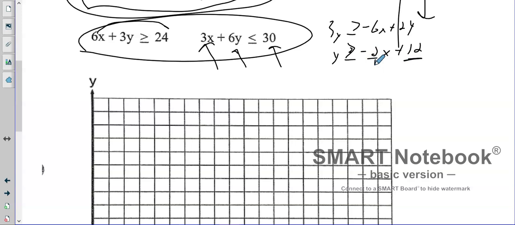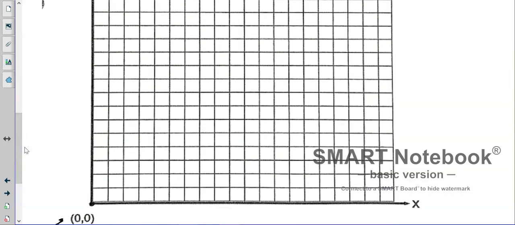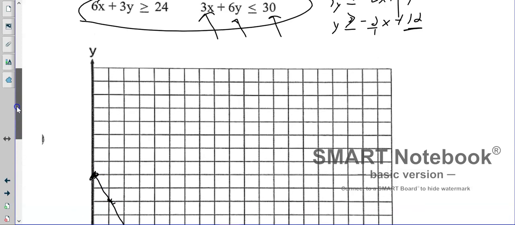So you can start at 12: 1, 2, 3, 4, 5, 6, 7, 8, 9, 10, 11, 12. And go down 2, right 1, down 2, right 1, and keep repeating this pattern until you get here at 6, 0. Okay? And you connect the dots and use a solid line because it was or equal to.